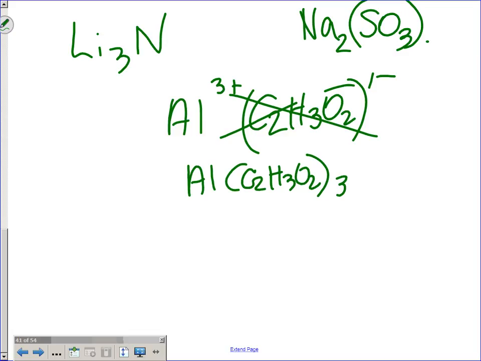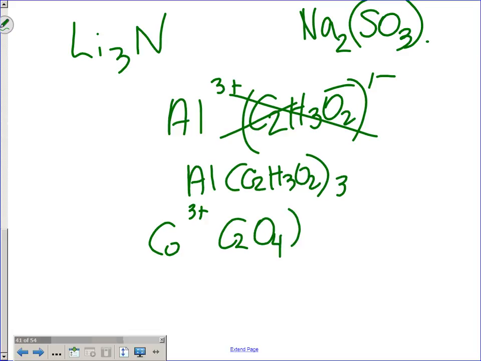How about cobalt 3 oxalate, which is number 34. Cobalt is what? Co. It's got a charge of 3 plus. Okay, so I'm actually going to write my charge here for a moment. Oxalate, weird polyatomic. I'm ready when you are. C2O4.